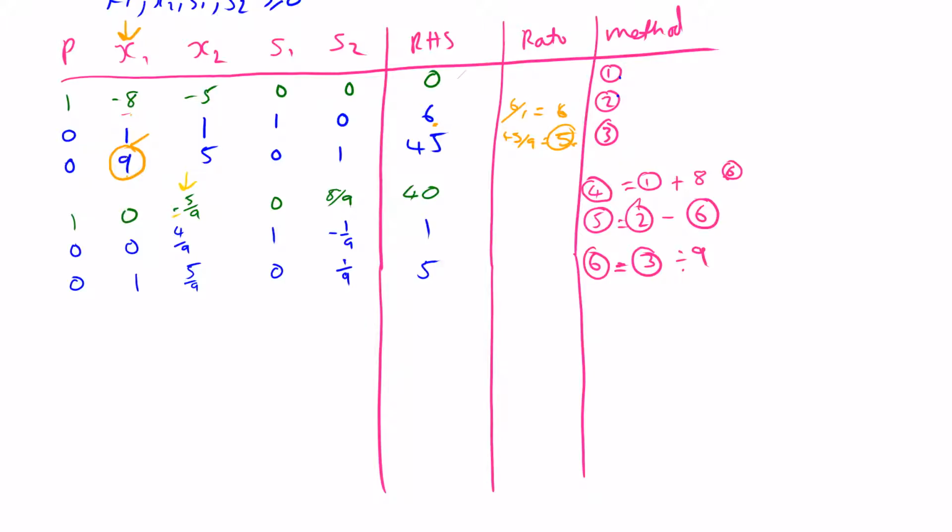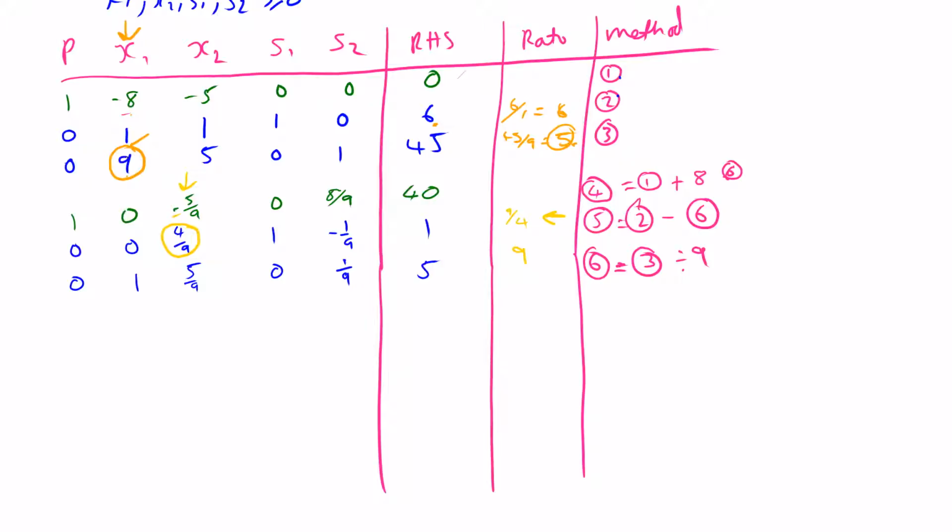Here we have 1 divided by 4 ninths is 9 over 4, and 5 divided by 5 ninths is 9. Obviously here we pick the smallest positive value, which is 9 over 4. So 4 ninths is going to be our pivot.